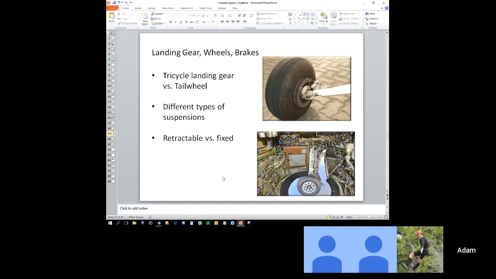But then you've got airplanes that do have a shock strut type system, like that 737 in the picture on the bottom right. They've got what's called an oil hydraulic shock strut, which, similar to your car, cushions the impact of irregularities on the road and of course landing.